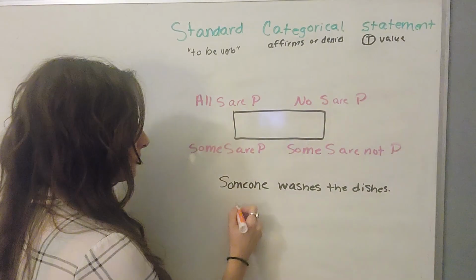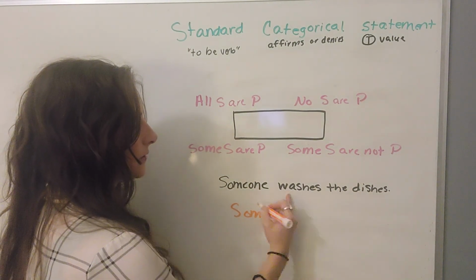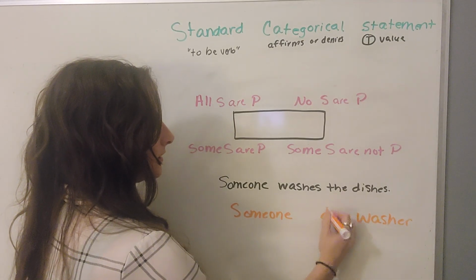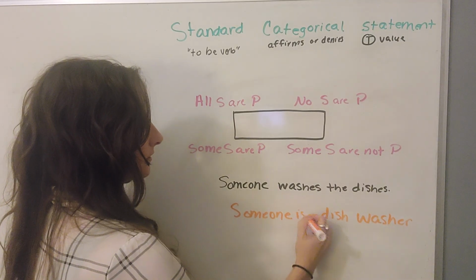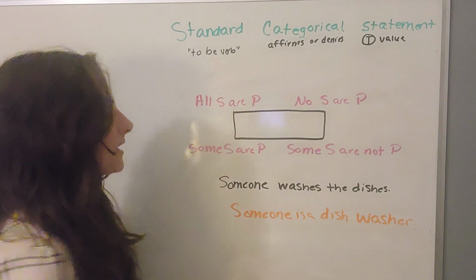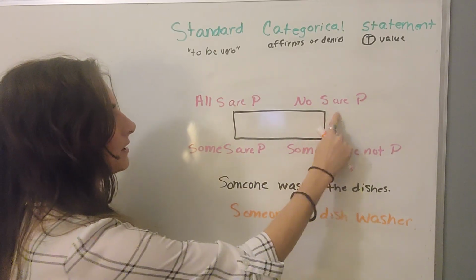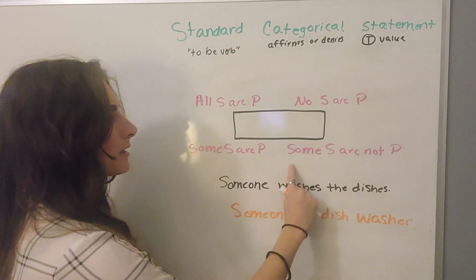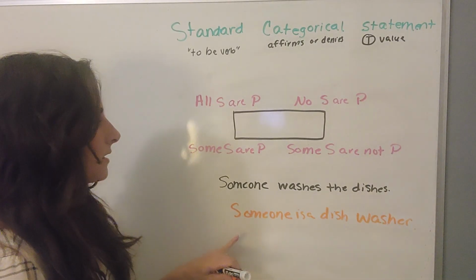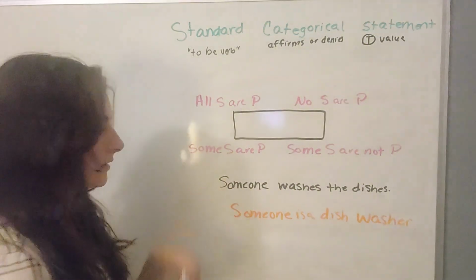So let's do someone. And again, as we said, we took the verb and added an ER because we can in this one, dishwasher. All right, so someone is a dishwasher. Now we've got to get it into the categorical form. So which one of these statements, all S are P, no S are P, some S are P, some S are not P, would this one be? It's not saying some do not, so it wouldn't be the negative side, it's going to be this one.